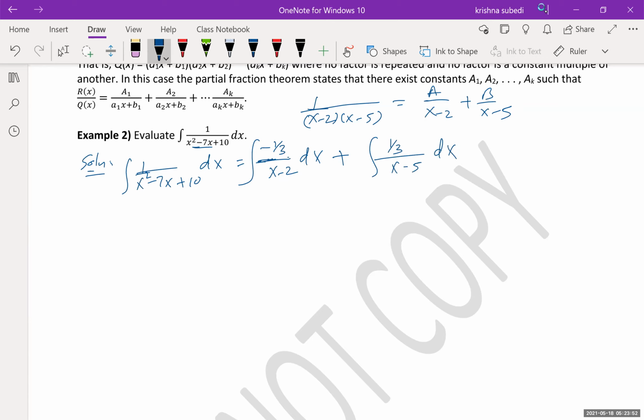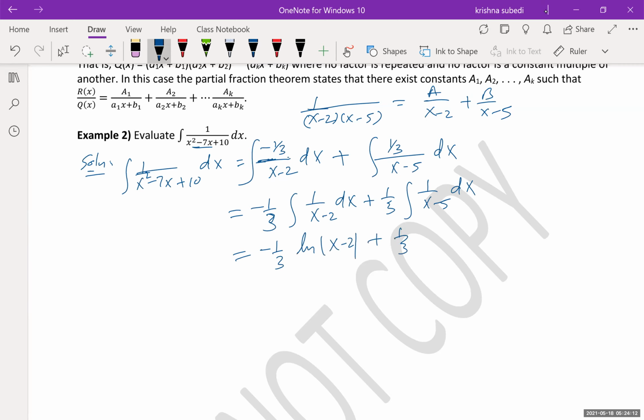All right, so you can actually write this in a nice way. It will be negative 1 over 3, 1 over x minus 2 dx plus 1 over 3, 1 over x minus 5 dx. So now, using the formula, this is negative 1 over 3 ln x minus 2 plus 1 over 3 ln x minus 5 plus c. Done.